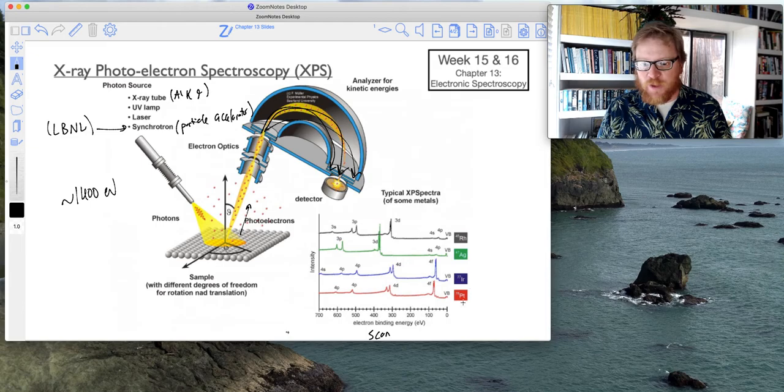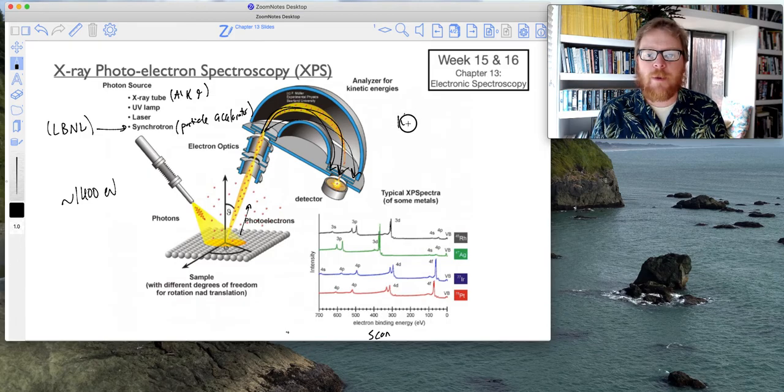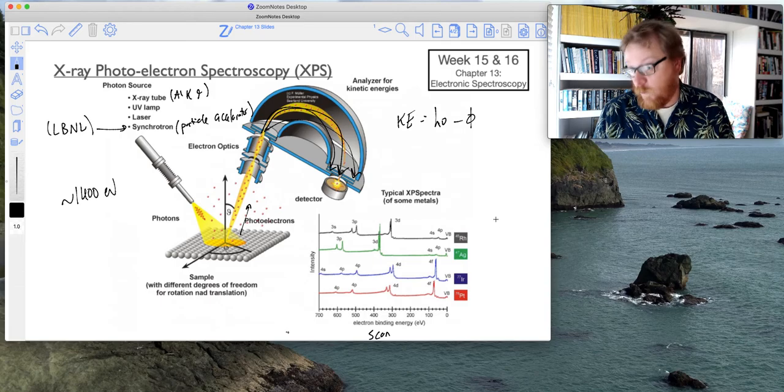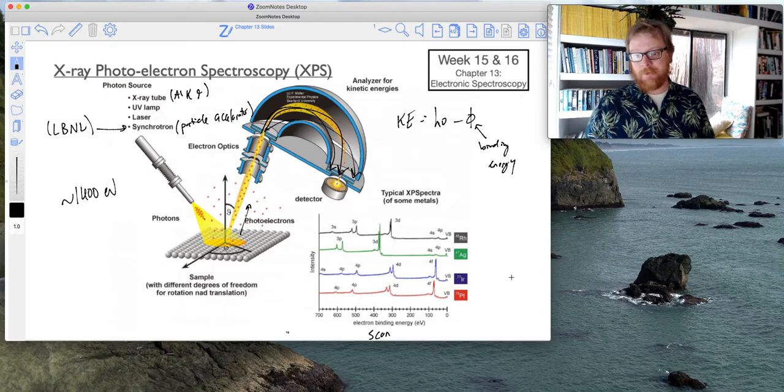So for example, if we look at platinum right here, you can see at very low binding energy, so this electron binding energy is calculated via the following. We remember the photoelectric effect says kinetic energy of the electron equals h nu, the incident radiation, minus phi, okay? Well, phi is really, as we said, the binding energy. This is what you want to determine, okay?